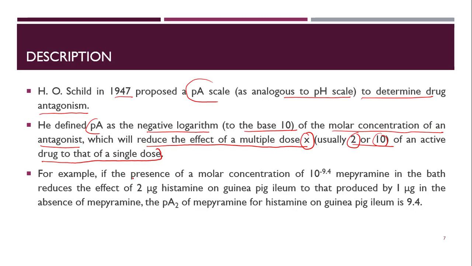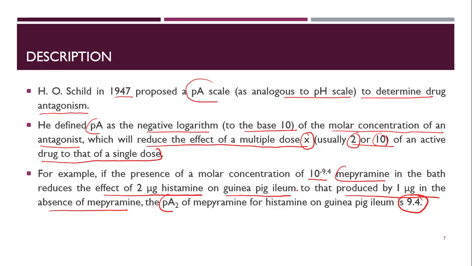If the presence of molar concentration of 10 raised to minus 9.4 mepyramine in the bath reduces the effect of 2 micrograms of histamine on the guinea pig ileum to that produced by 1 microgram in the absence of mepyramine, the pA2 value of mepyramine for histamine on guinea pig ileum is 9.4.